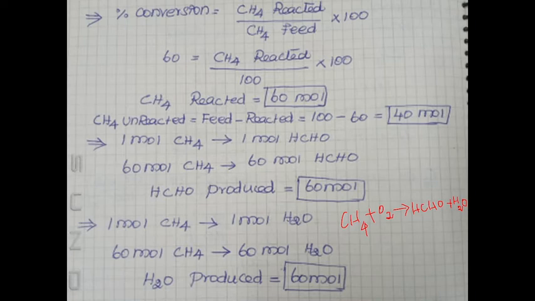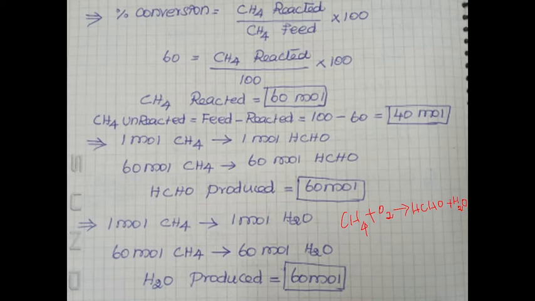As per the reaction, 1 mole of methane produces 1 mole of formaldehyde. As per the problem, 60 mole of methane is reacted. How many moles of formaldehyde are produced? 60 into 1 by 1, that is equal to 60 mole. Formaldehyde produced is 60 mole.